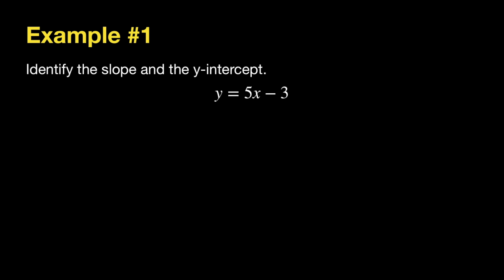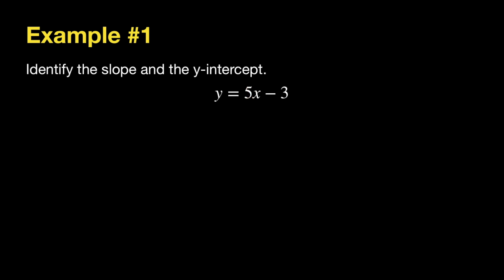For example 1, we're going to identify the slope and the y-intercept. As we mentioned earlier, the slope is going to be the number next to the x, the coefficient of x. In this case, that's going to be 5.